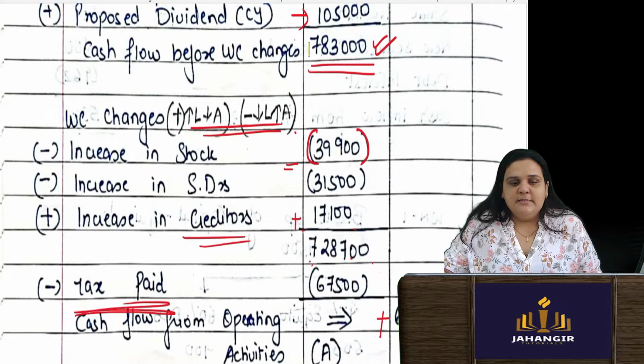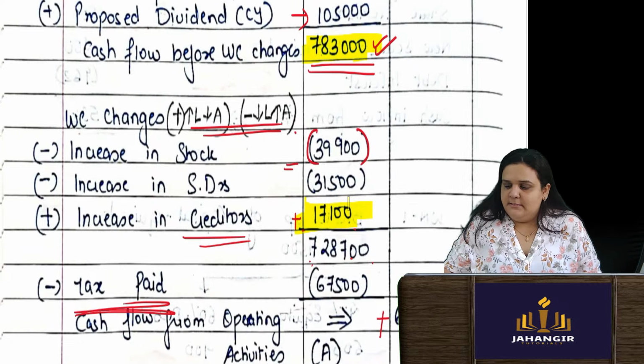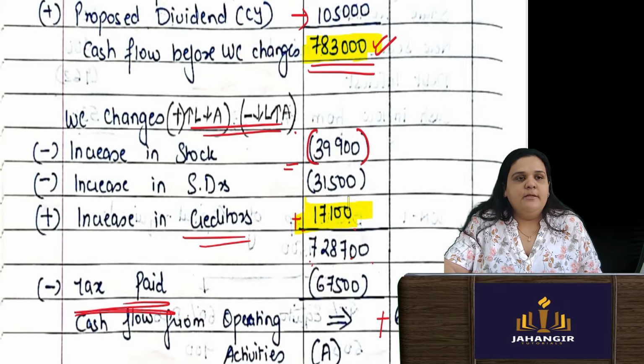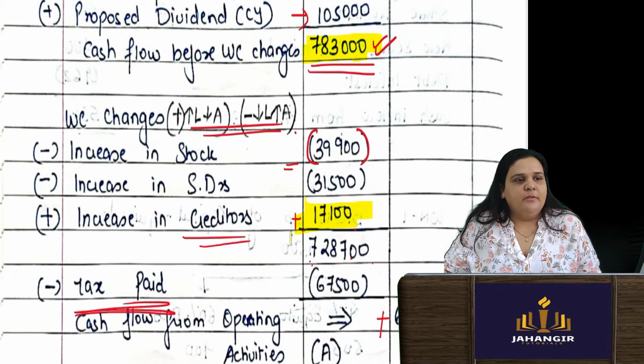See that you add back positive figures and then you subtract. You will do 7,83,000 plus 17,100 and then subtract 39,900 and 31,500. Only then you will get the right answer. That will be 7,28,700.